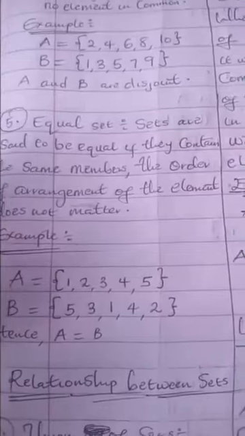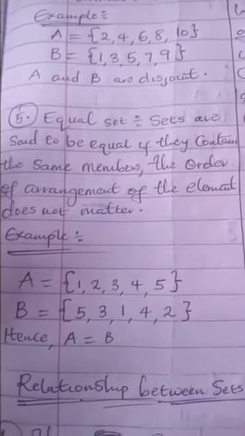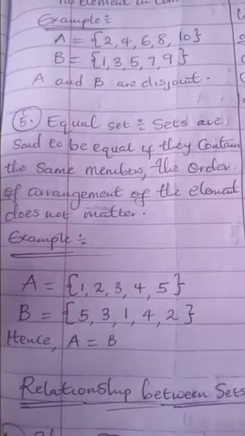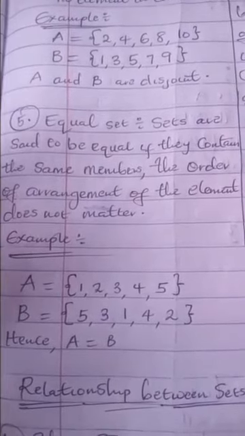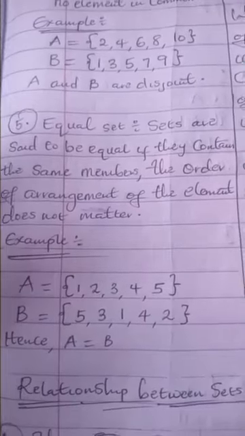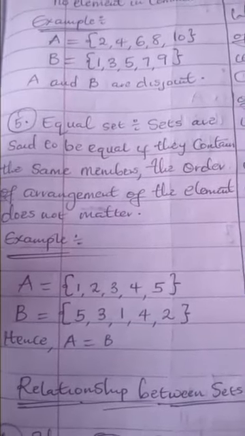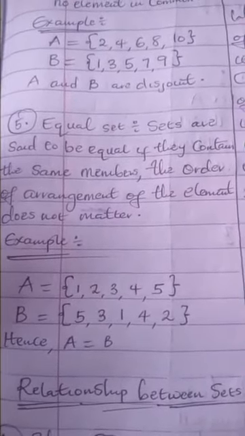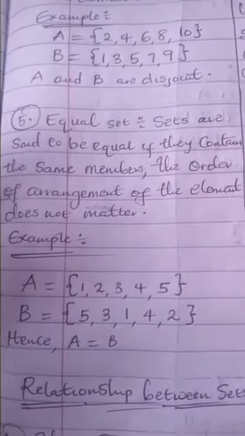Now, equal sets. What are equal sets? Sets are said to be equal if they contain the same members. The order of arrangement of the elements does not matter. Remember, members and elements are the same thing in sets, right?